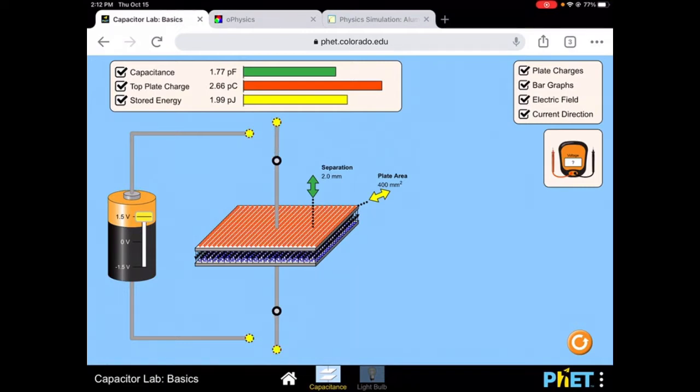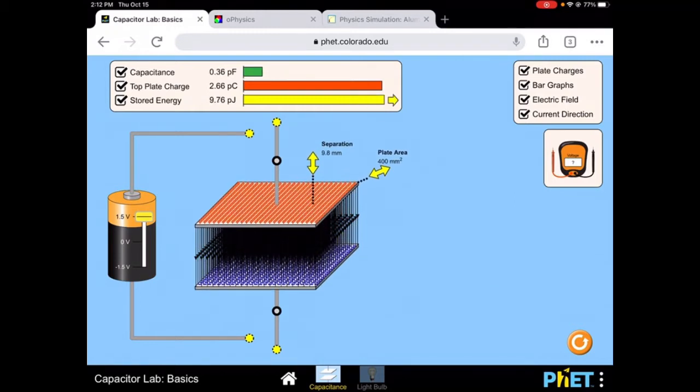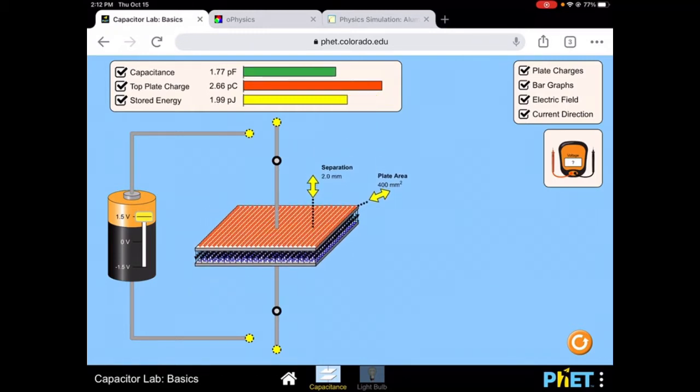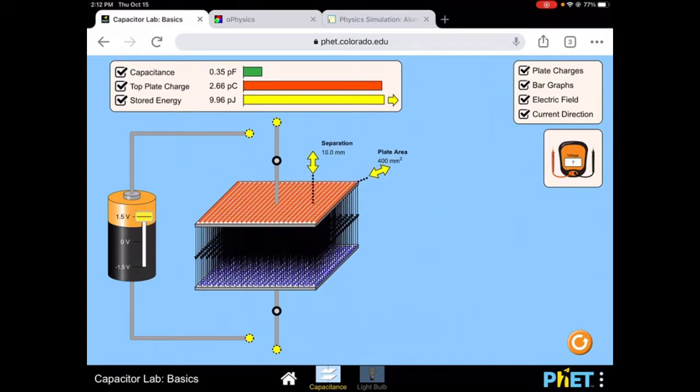Now, if the capacitor is insulated from the surroundings, then the charge on the capacitor is going to stay constant. The plates of the capacitor attract each other, so it's going to take work for me to pull the plates apart. When I pull the plates apart, you'll see the charge stays constant, but the stored energy increases.